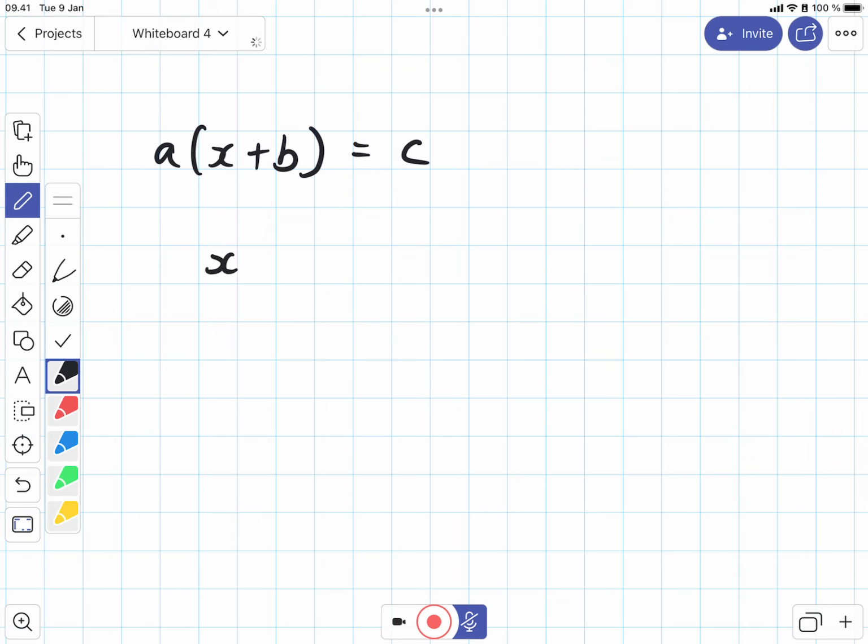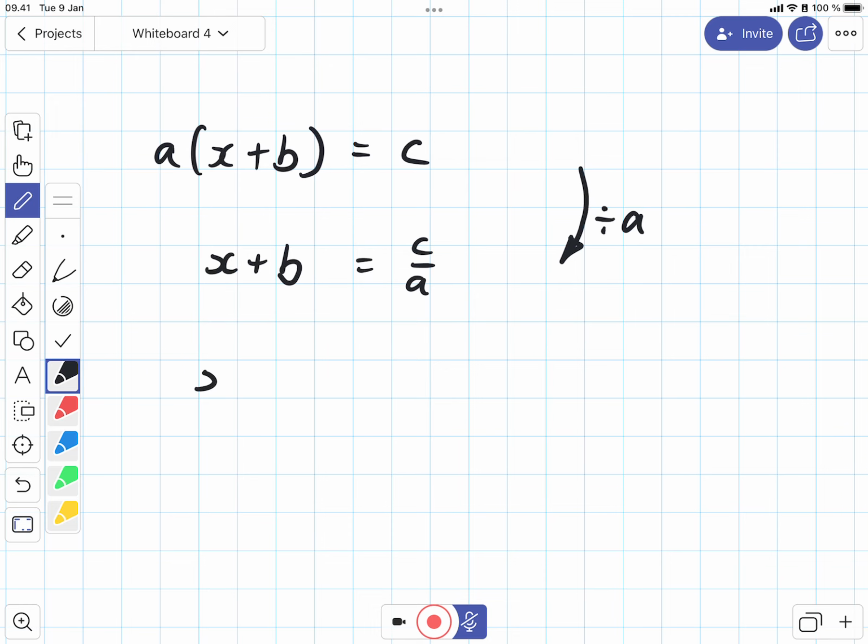So if I take what's in the brackets, x plus b, and divide it by the a that it's being multiplied by outside, then I'm getting closer to the x by isolating the x plus b bracket. But because I've divided the left by a, I also need to divide the right by a. So I've got x plus b equals c over a.